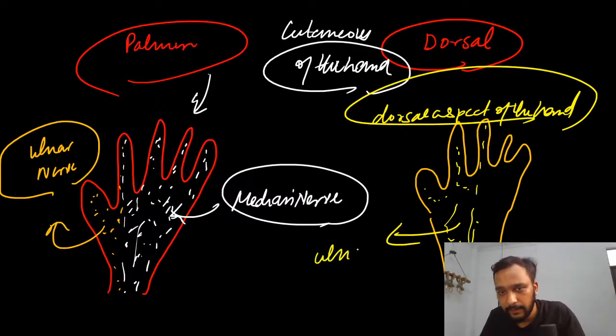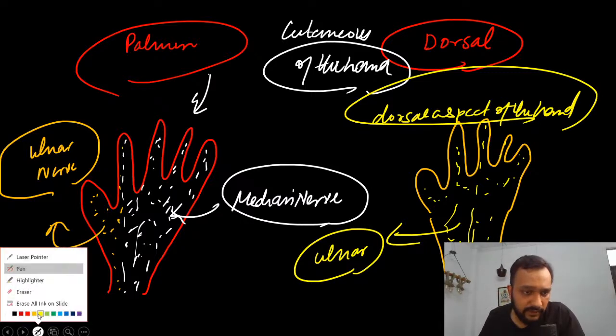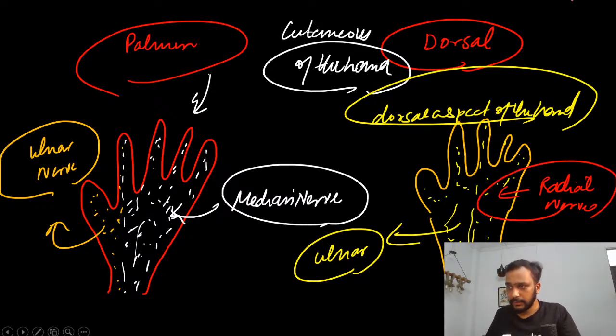Very good, it is supplied by the ulnar nerve, and the lateral 2.5 aspect is supplied by the radial nerve, right?